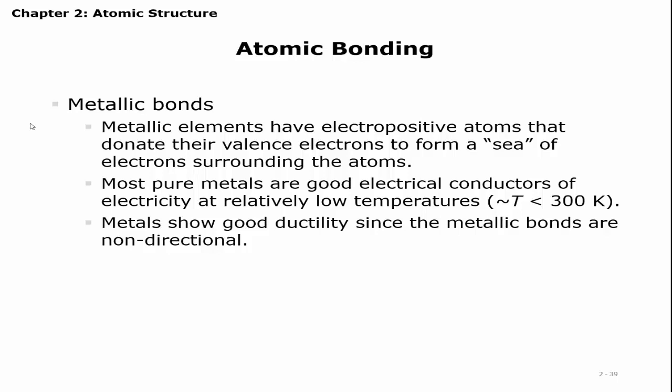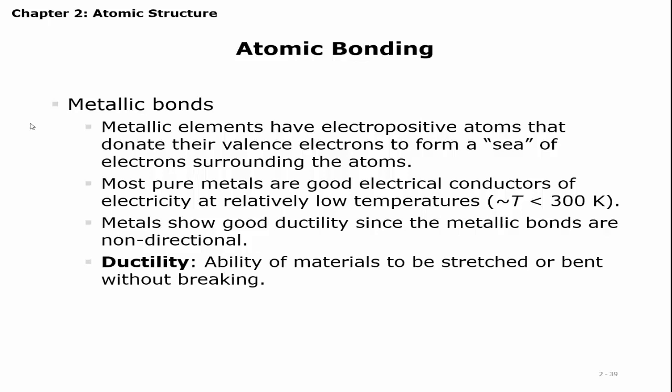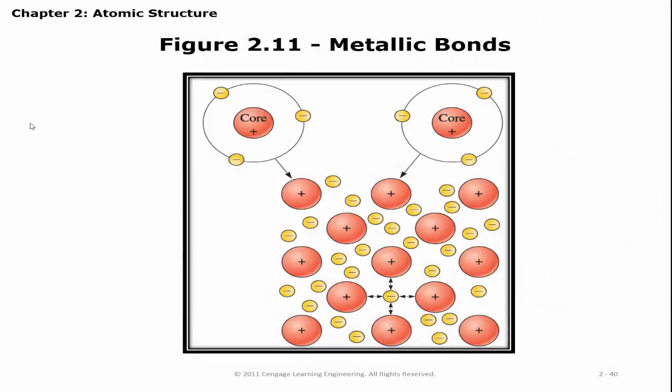Most pure metals are good conductors of electricity at relatively low temperature, lower than 300 K. And metals also show good ductility since the metallic bonds are non-directional. Ductility is the ability of materials to be stretched or bent without breaking. This is another example of metallic bonds.